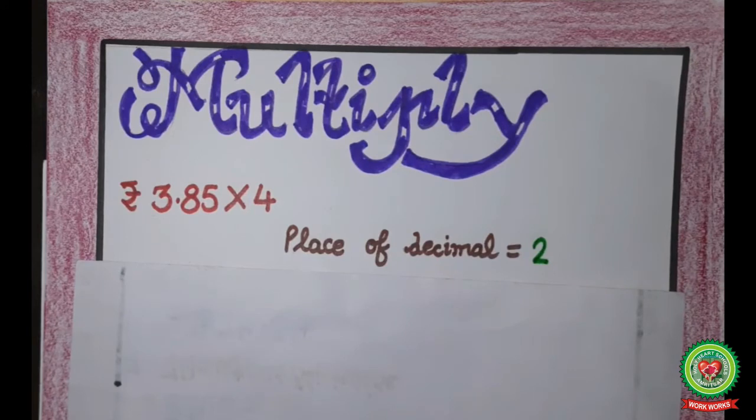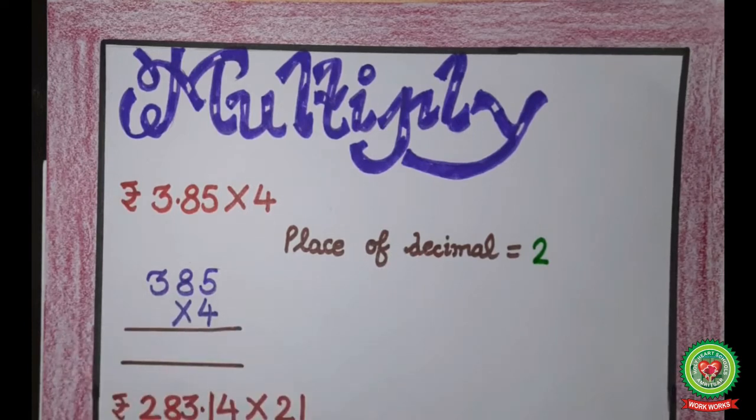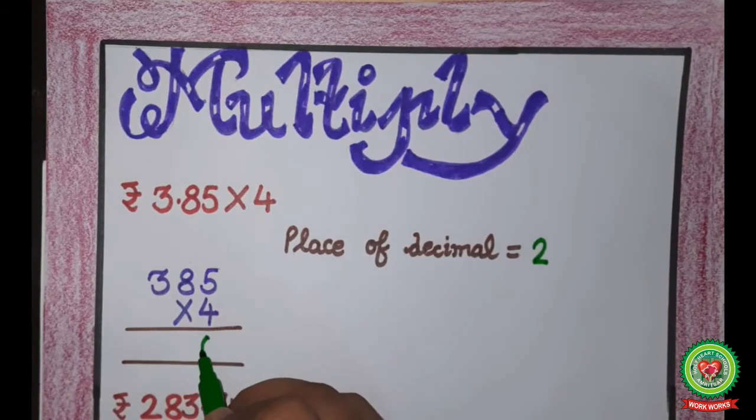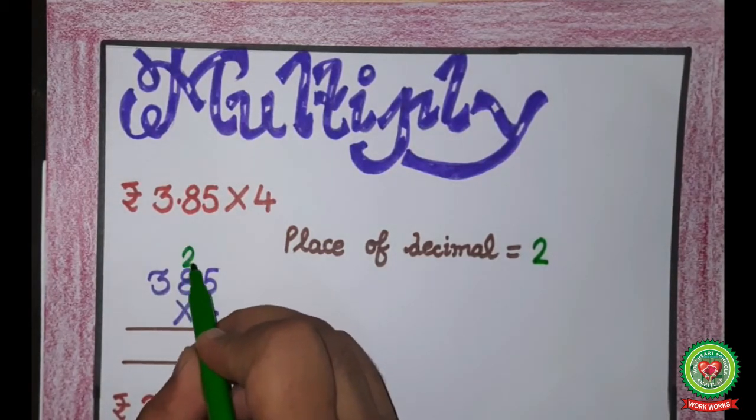Now this will become a whole number, 385 without decimal. Now multiply 385 by 4. 4 5s are 20. So we will write 0 here and 2 carry over.